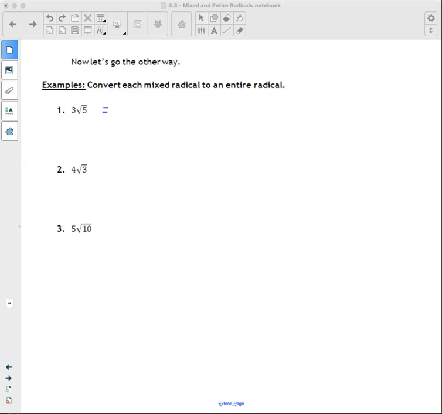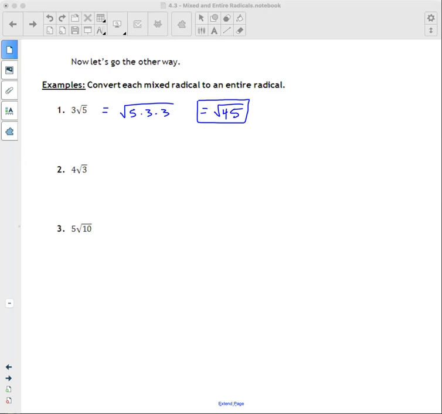So this is just going to equal the 5 that's already in there multiplied by the 2 3s that have already been taken out. So 3 times 3 is 9. 9 times 5 is 45. So this can unsimplify to root 45 as an entire radical.